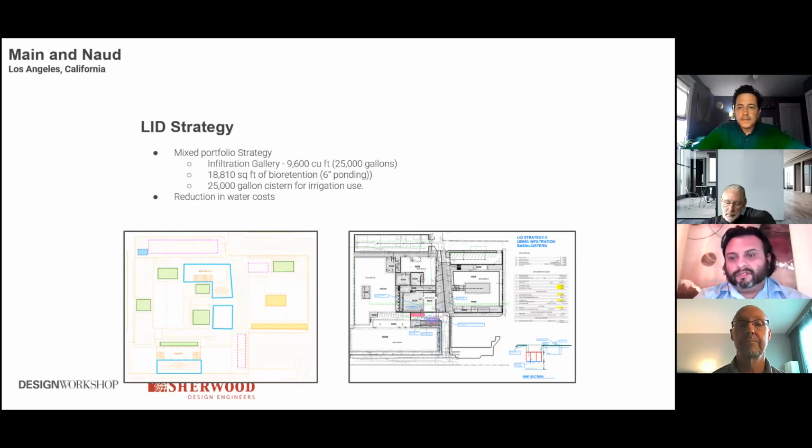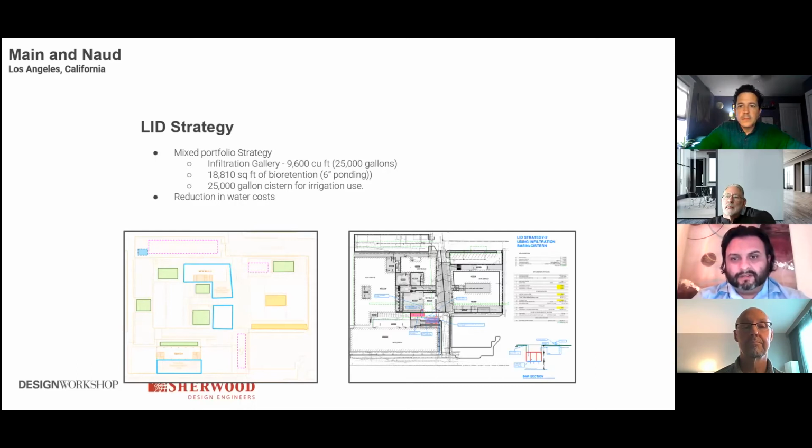And so over time, that looks at reducing water cost for irrigation, as well as contributes to that water story. In all of these three projects, there is that layer of interaction between the built environment within the parcel and then some of those improvements in the public right-of-way.